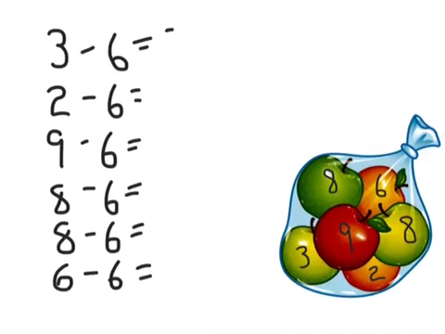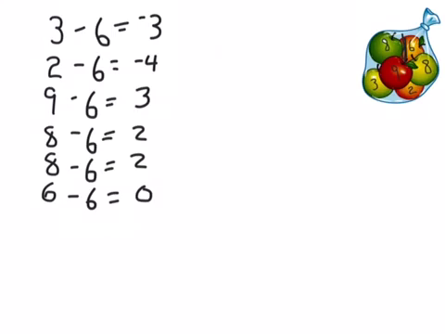And we get -3, -4. Let's see, that's 3, 2, 2, and 0. Now you notice if we add all those together, you get 0.